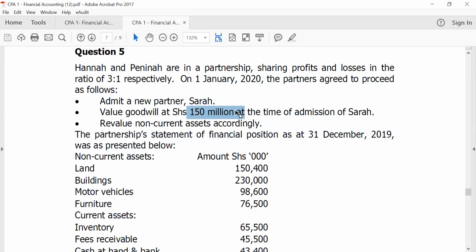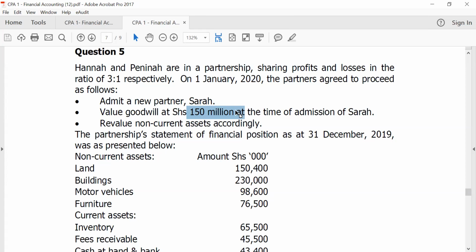Was it a suspense account? No, they asked to prepare a capital account. I think in that case they were trying to see if you understand how to treat goodwill, and then you correct. Because if they have already told you the error, you now have to correct it, just like the approach when we are correcting errors in the suspense account.